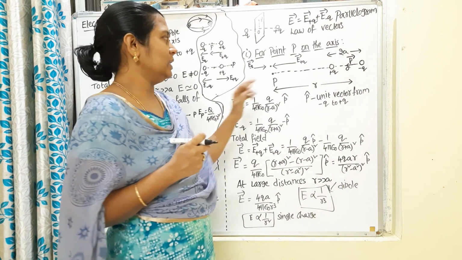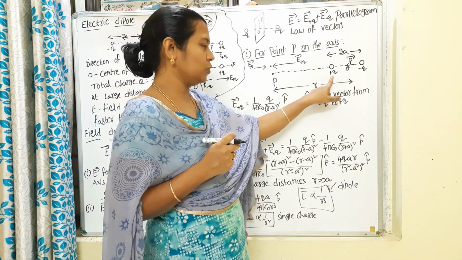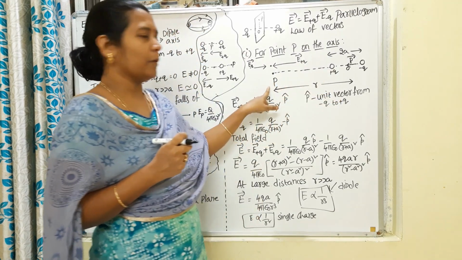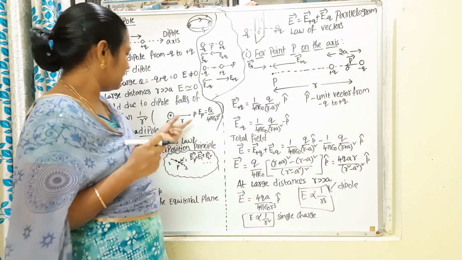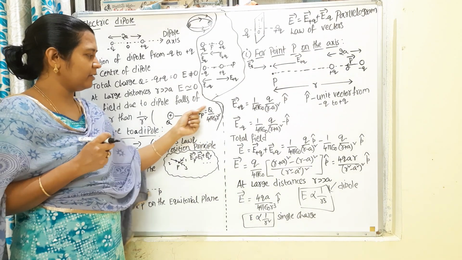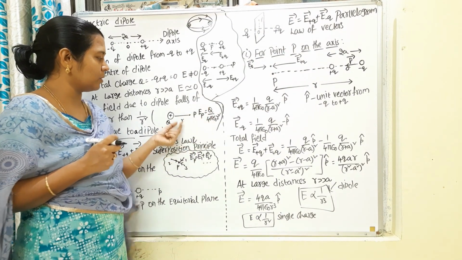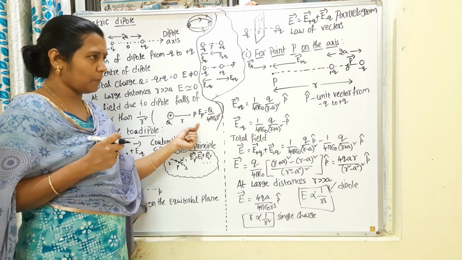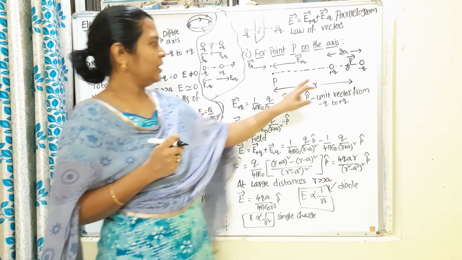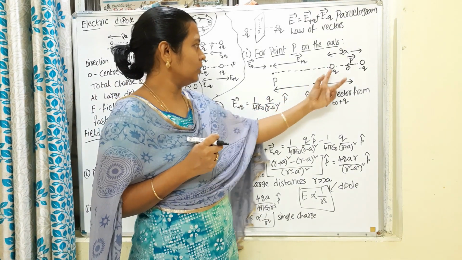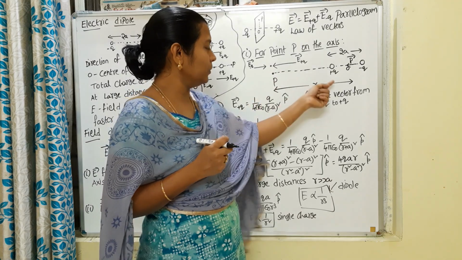So here what is the electric field due to plus Q charge at point P? For a single charge, the electric field can be written as Q by 4 pi epsilon naught times the distance from source to the point P squared. So what is the distance from point P to plus Q?